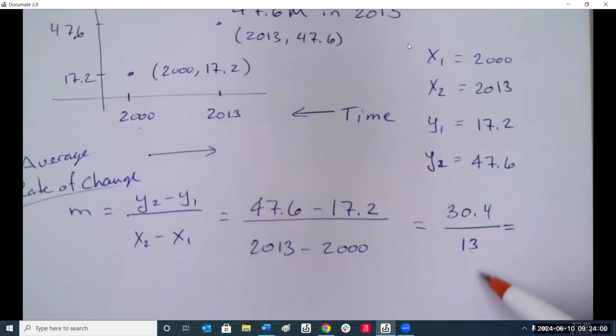What was that equal? About 2.3. So what does that tell us? We found the average rate of change. What does this number tell us?